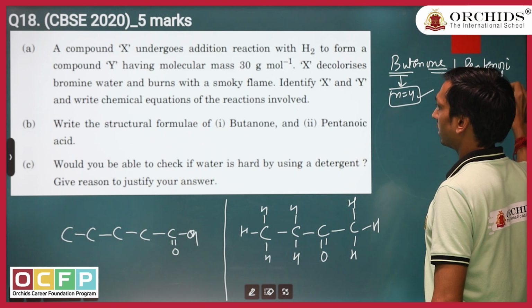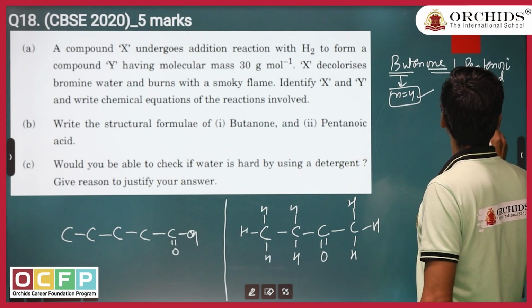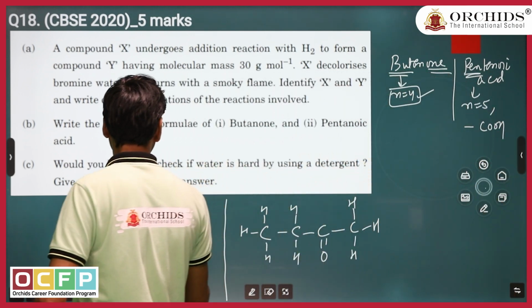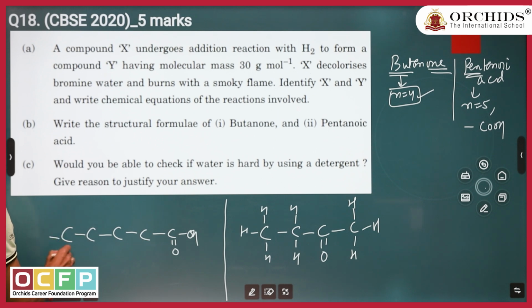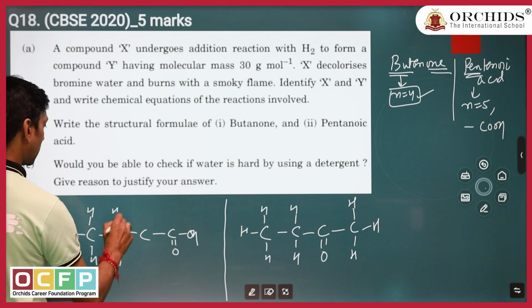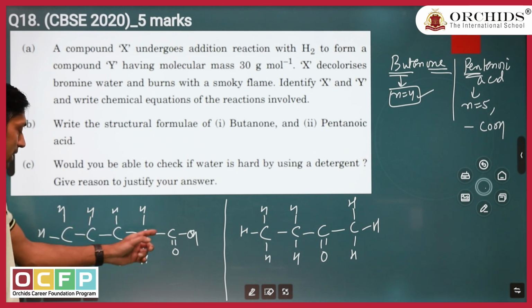Pentanoic acid. So N equal to 5 for pentanoic, pent means 5, and oic acid means the functional group we are having is COOH. The functional group I already placed, and the remaining valencies will be satisfied by what? Hydrogen, hydrogen, hydrogen, hydrogen, hydrogen. Carbon has 4 valency, and everywhere valency should be satisfied.